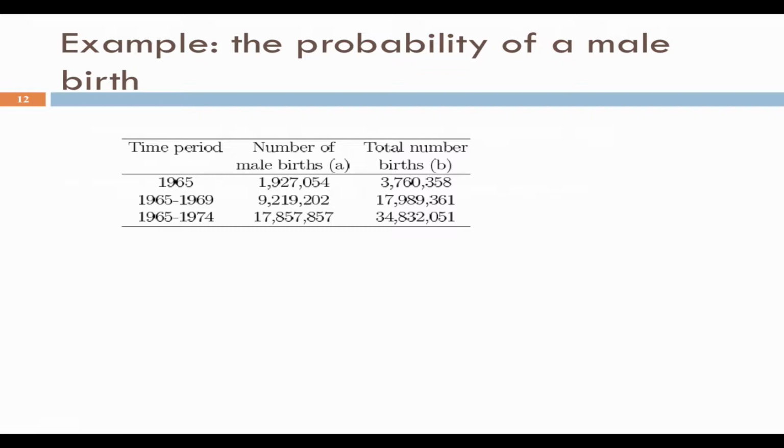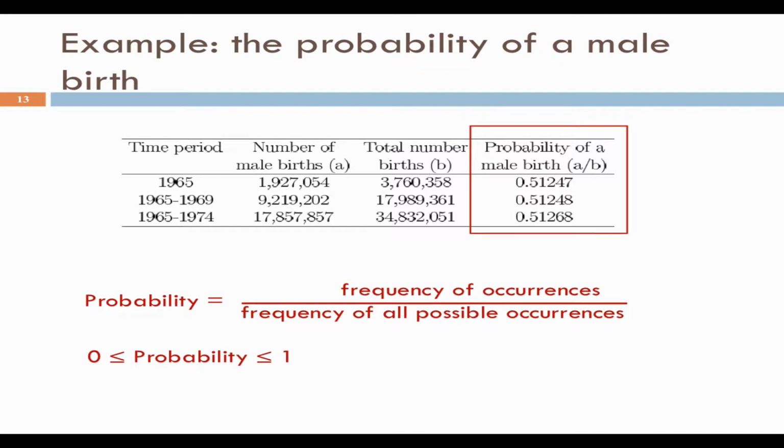And what is the probability of a male birth? Basically, I ask you, what is the probability of a newborn baby turning out to be a boy? Without any other knowledge, if you just have this table, how do you estimate this probability? You can estimate it by this number over this number.